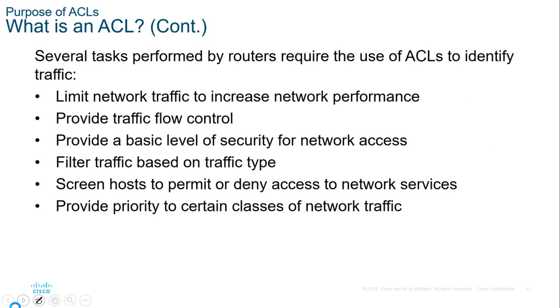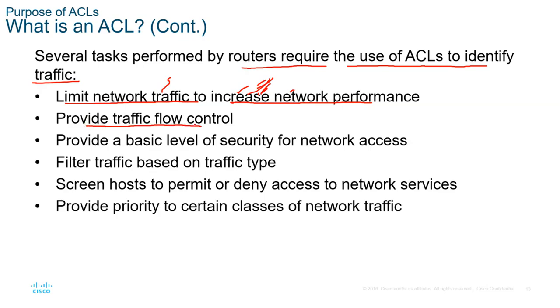There are several tasks performed by routers that require the access control list to identify traffic. It limits network traffic to increase network performance. If the traffic is limited, then the network performance is increased and tends to be fast.